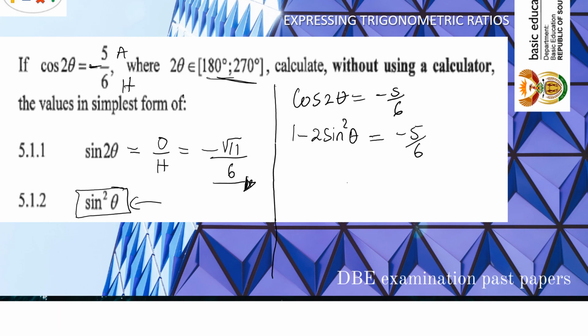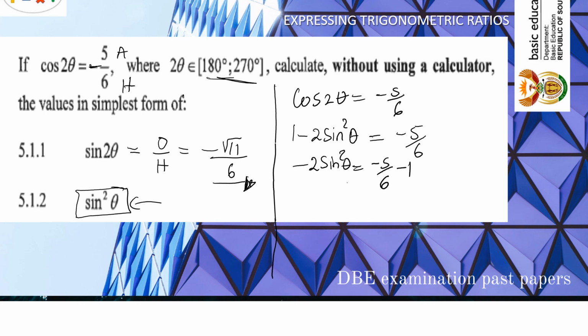So it's called the indirect approach. You are going to solve this question indirectly or silently. How? By using the given information. Simplify it in such a way that it will be expressed in that way, then solve for it. So we're just going to take 1 to the other side. We'll be left with minus 2 sine squared theta is equal to minus 5 over 6 minus 1. 1 is positive, when it goes to that side it is minus 1.